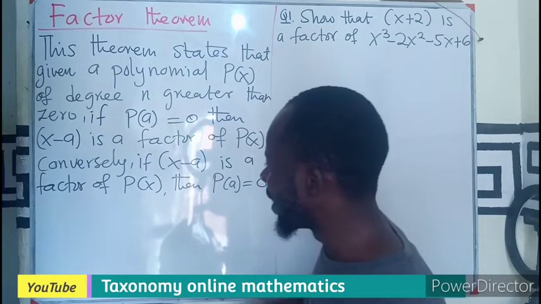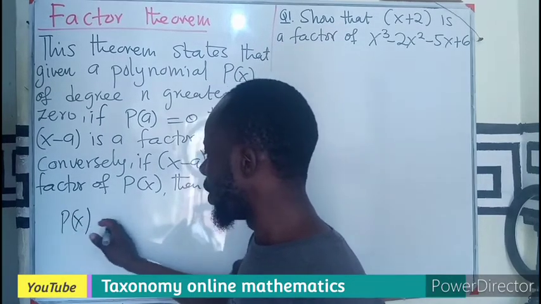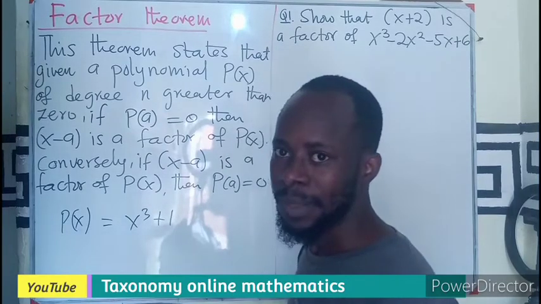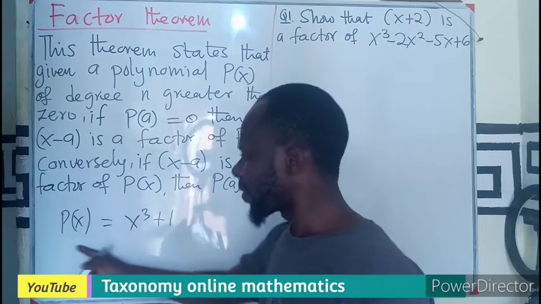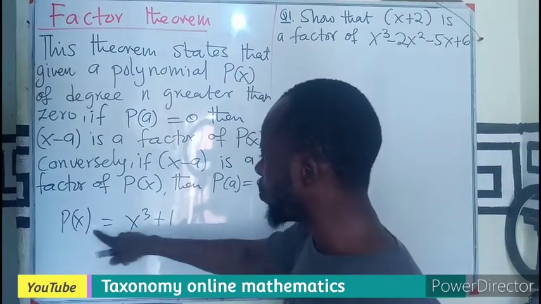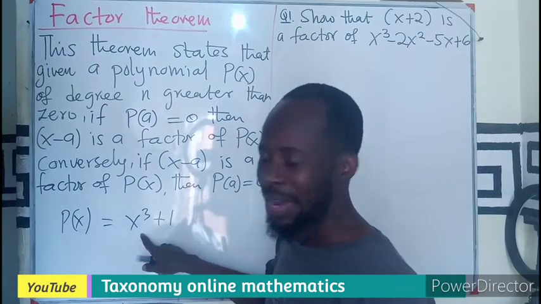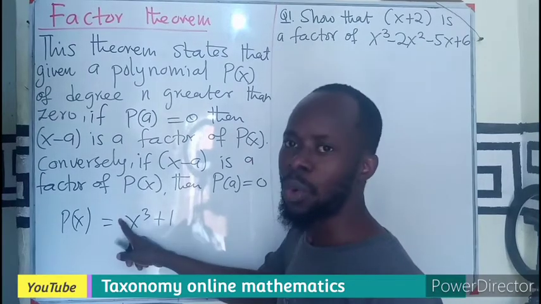What I mean is that if I have any polynomial, p of x equals, let's say, x to the power 3 plus 1, and I'm asked to find a factor of this, we are looking for a number that, if I replace x with it, will make the whole expression equal to 0.